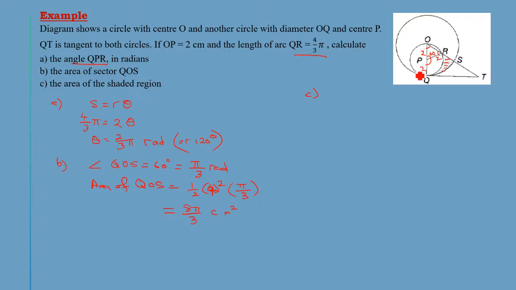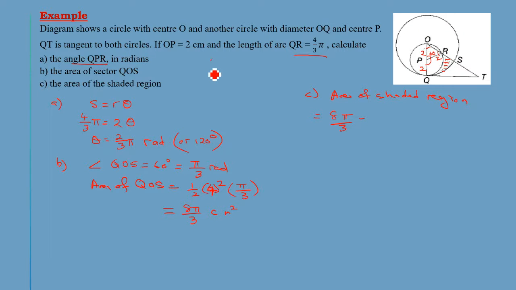To find the area of the shaded region, the area that we have found, 8 pi over 3, is the area of a sector, minus two different areas here. One is the small sector here, and one is a triangle here.